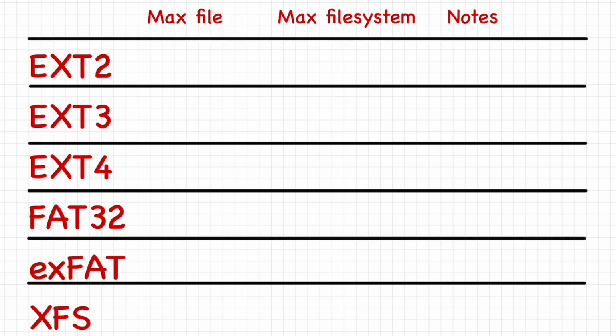The first file system that we analyze is ext2. ext2 is suitable for flash drives and USB drives. A file can be up to 2 terabytes in size, and an ext2 file system can be maximum 32 terabytes in size.